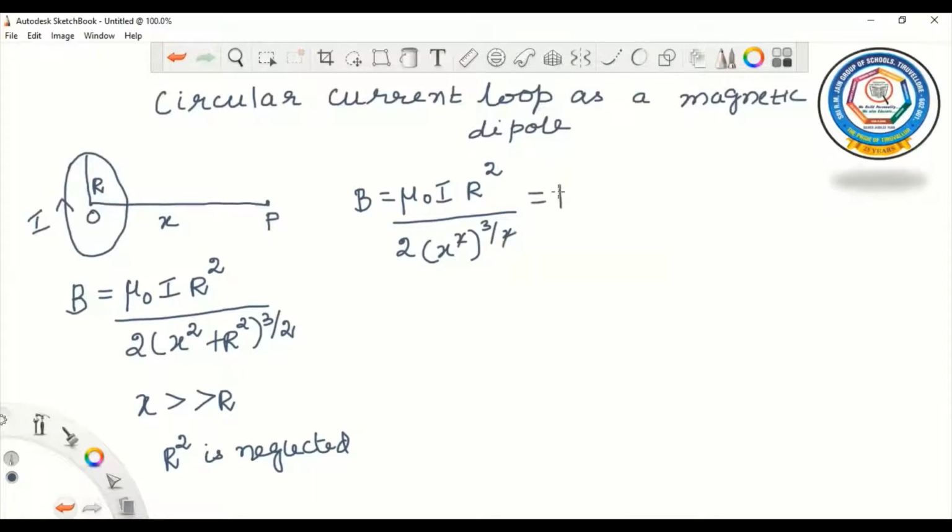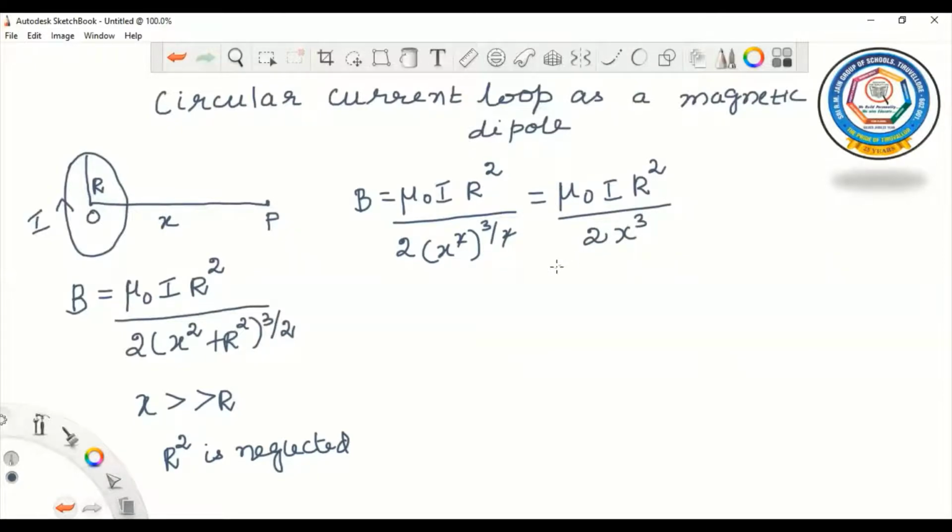What will you get? B is equal to mu naught I R square divided by 2 x cube.